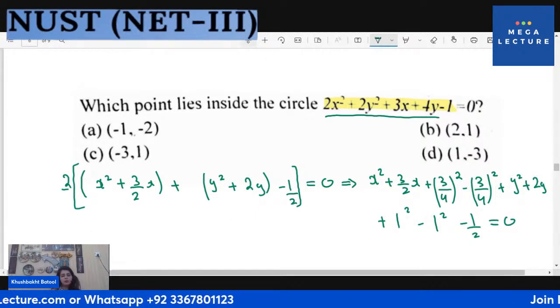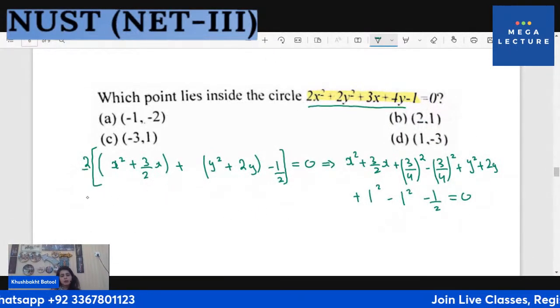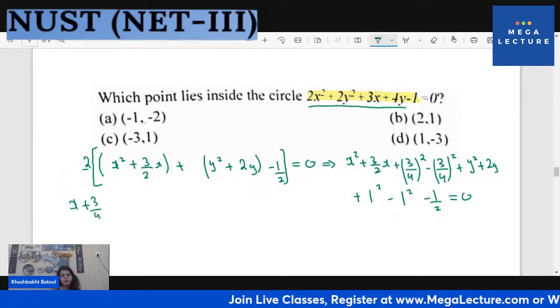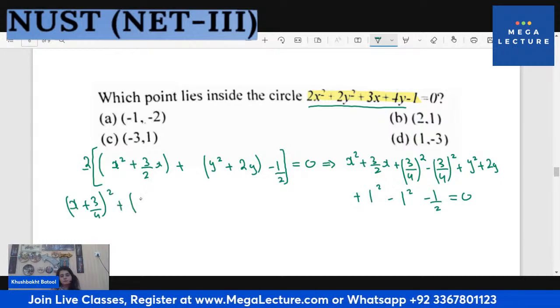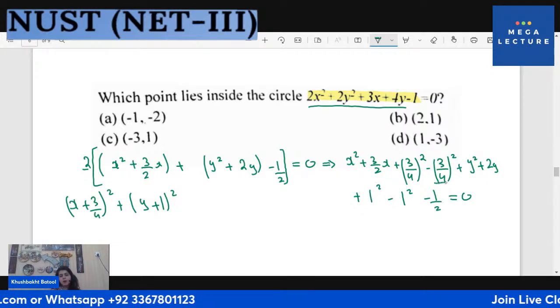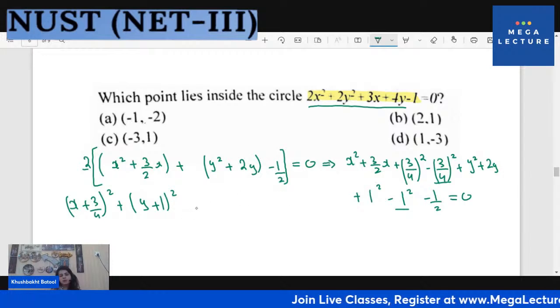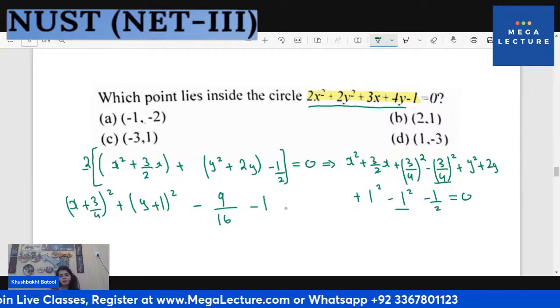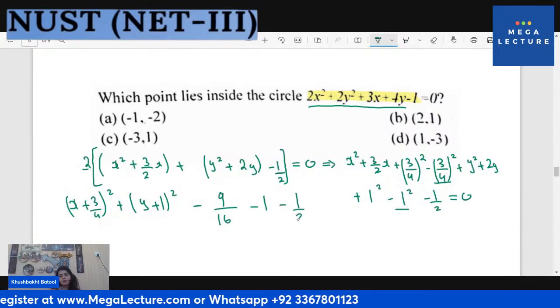Now what do we have? We have x plus 3 by 4, y plus 1, then we have minus 3 by 4 squared and then minus 1, so it would give you minus 9 by 16 minus 1 and then minus 1 by 2.